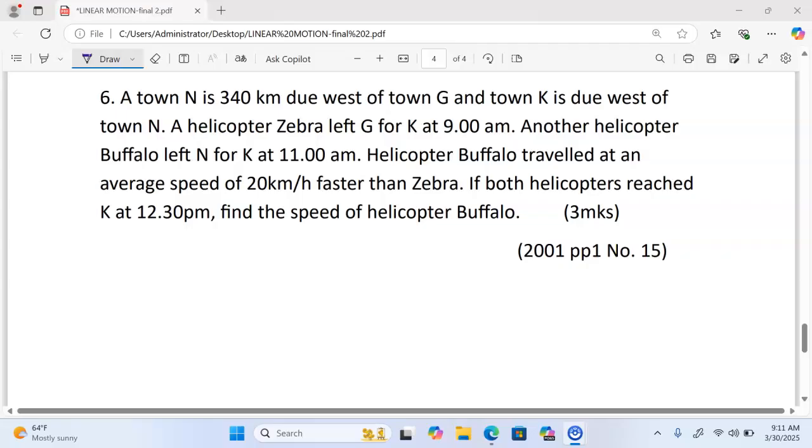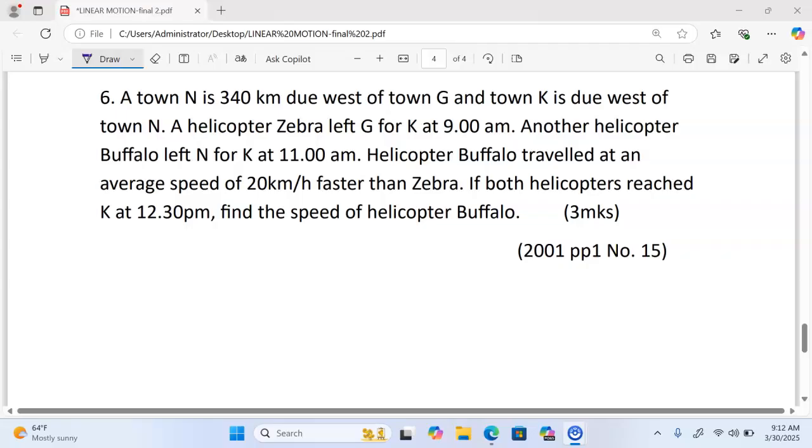The question reads, a town N is 340 kilometers due west of town G, and town K is due west of town N. A helicopter Zebra left G for K at 9:00 a.m. Another helicopter Buffalo left N for K at 11 a.m. Helicopter Buffalo traveled at an average speed of 20 kilometers per hour faster than Zebra. If both helicopters reached K at 12:30 p.m., find the speed of Buffalo.